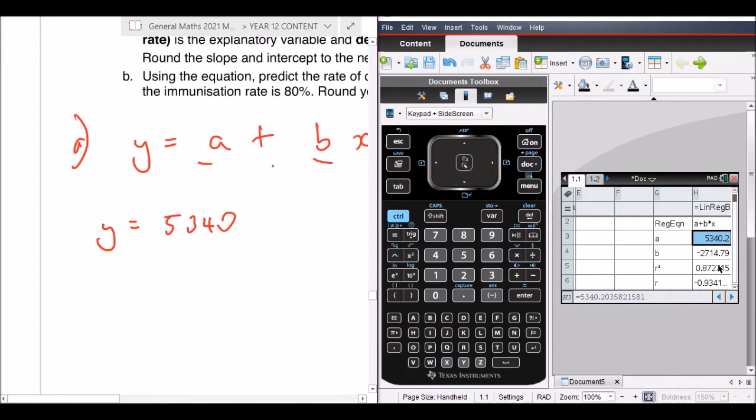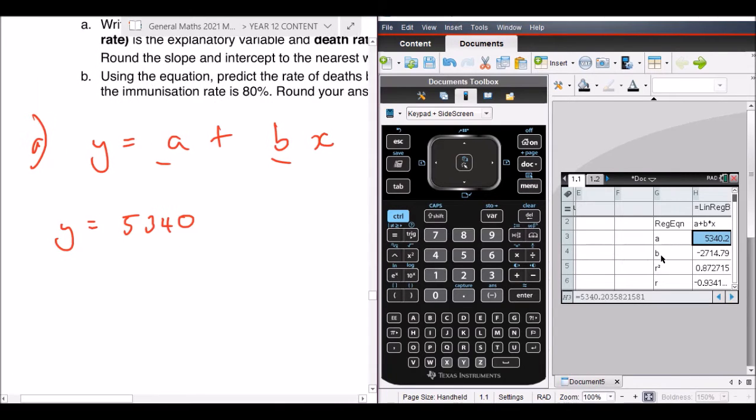Then b, or the gradient in this case, is negative 2715. I'm rounding up to 5 because that 7 will affect that 4. So minus 2715x. There's my formula, nice and easy.